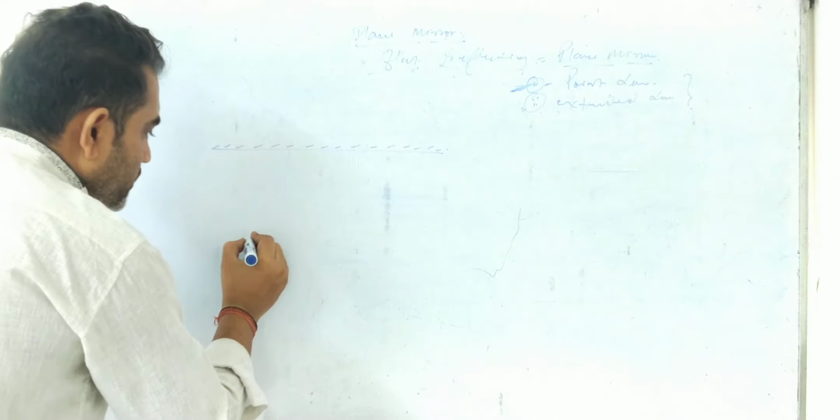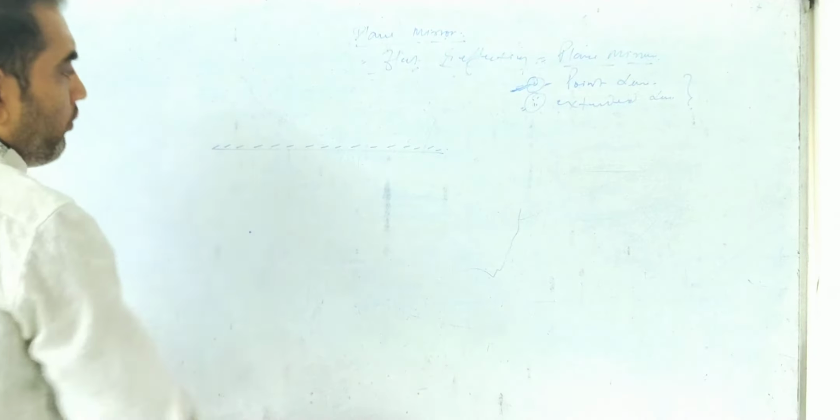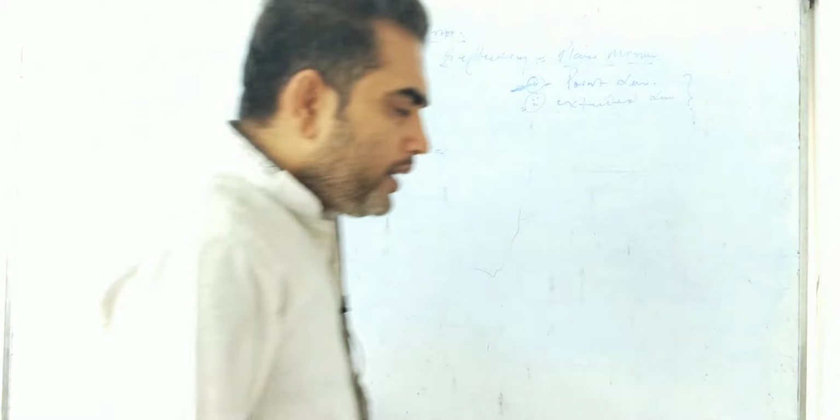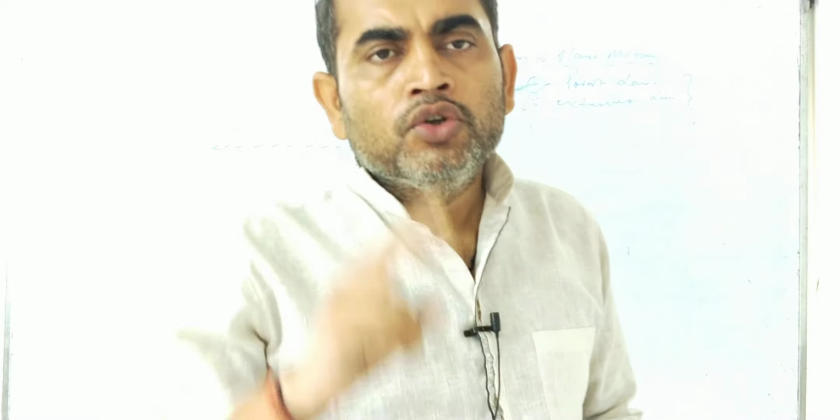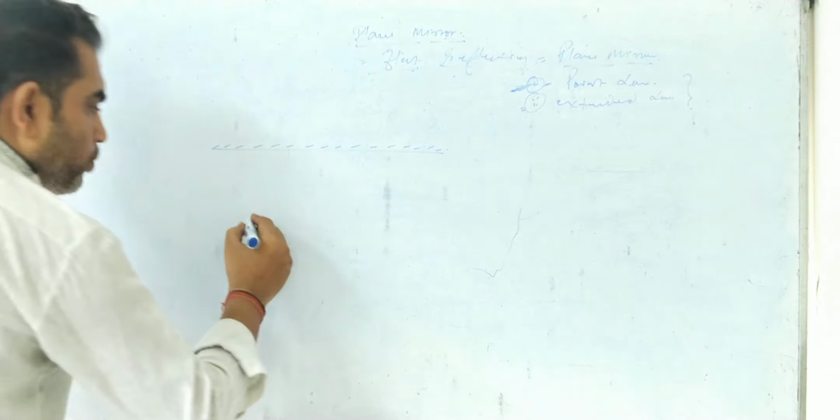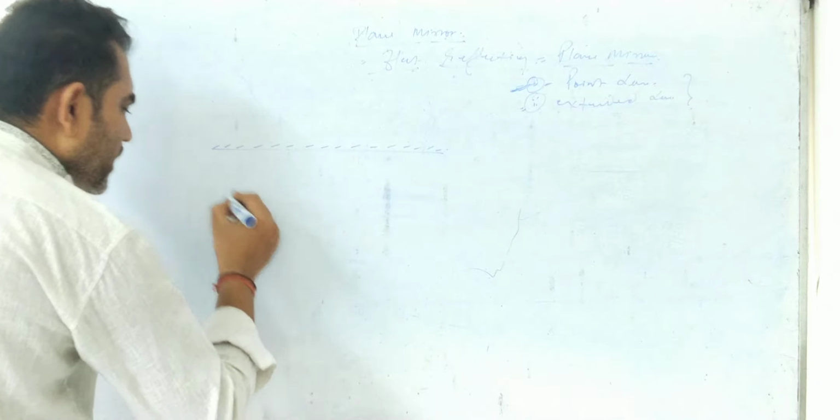So we have a point source object, and in order to do the ray diagram, from each and every point of an object, two rays must travel. So I am taking two rays from this point source whenever we do the ray diagram.